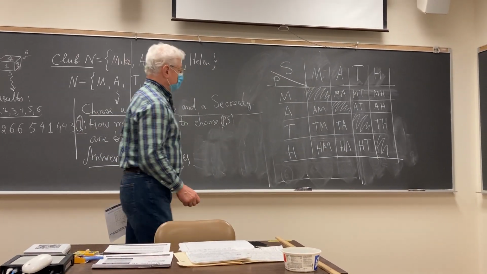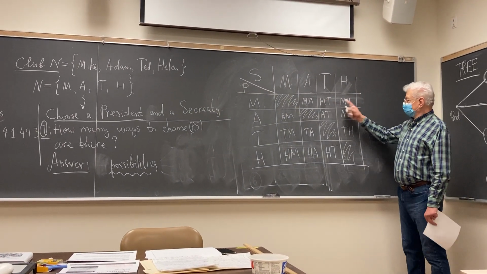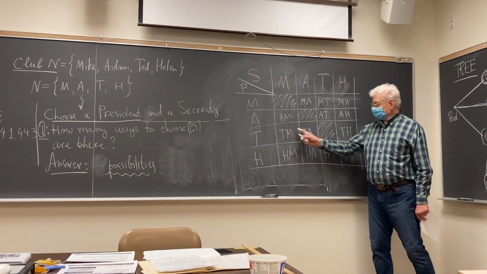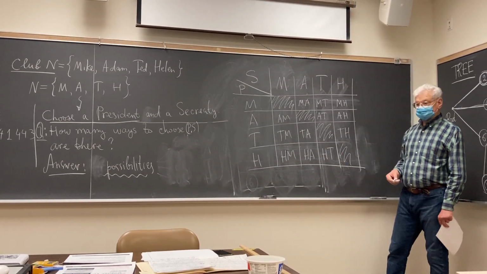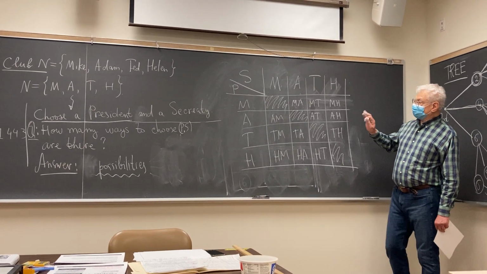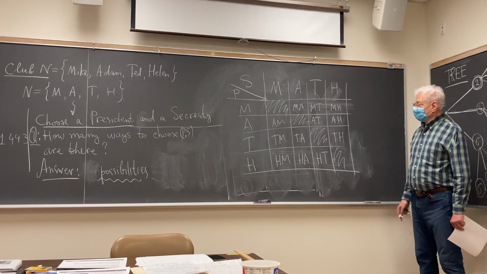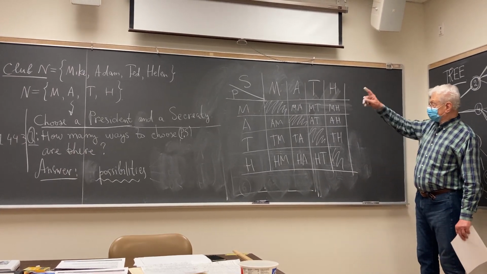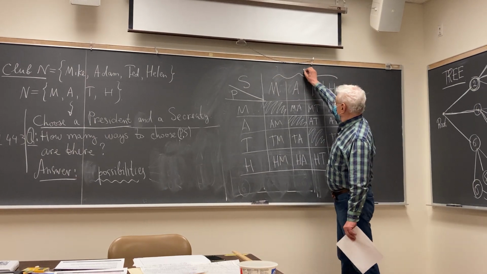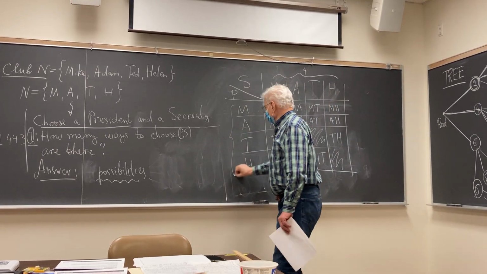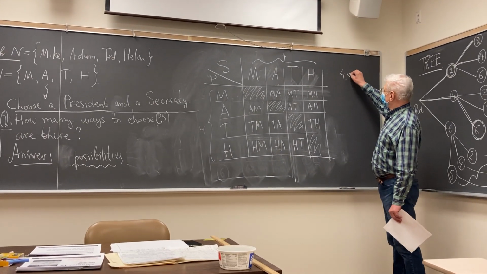So, how to calculate the number of ways? You can count, of course, 1, 2, 3, 4, 5, 6. 1, 2, 3, 4, yeah, also 6, so 12 of them. But let's look. Imagine that these squares are also filled. How many squares do we have in total? We have 4 letters here, 4 letters here. So the total number of squares will be 4 times 4.